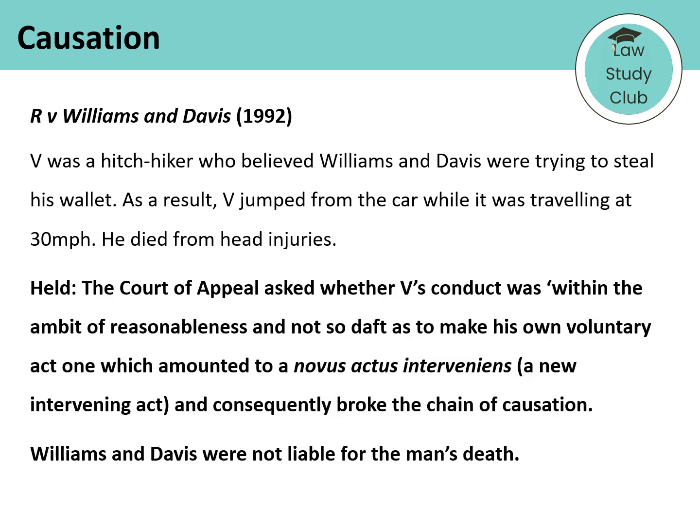The court decided that it was both. It was independent of the defendant's actions because jumping from the car was not a reasonably foreseeable reaction to an alleged theft. And it was clearly serious because it was the jump from the car that gave the victim the fatal injuries. The Court of Appeal, slightly harshly possibly, described the victim's reaction as so daft that it broke the chain of causation.